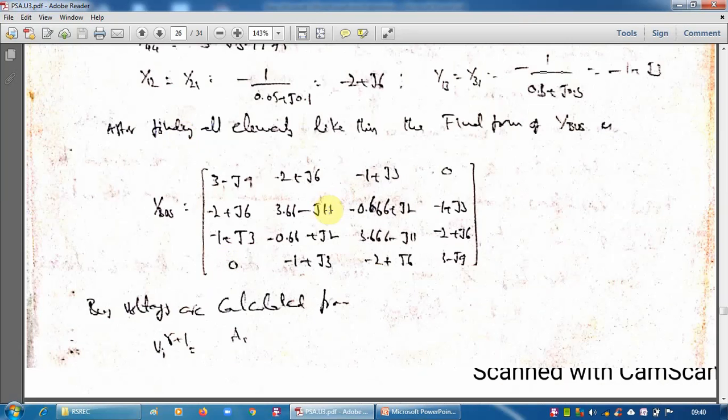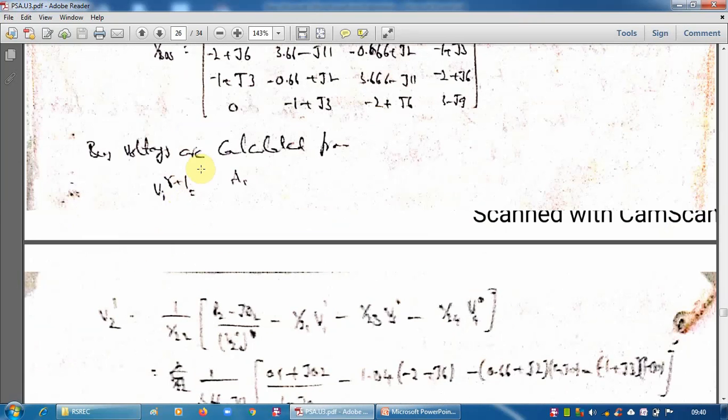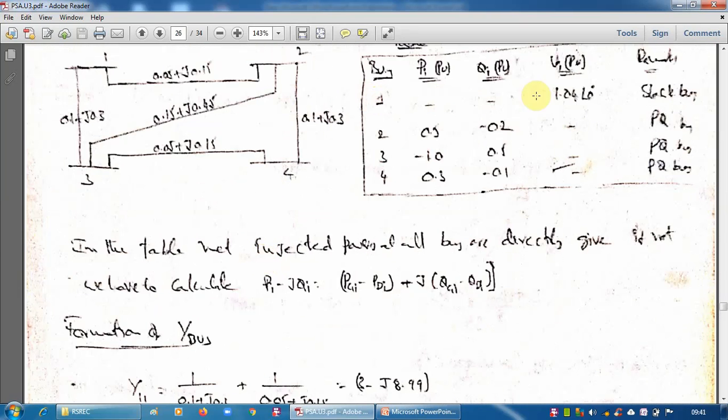This is the Y bus we constructed. First, to start the process, except for slack bus, this is slack bus, from the given data we can notice, except for this slack bus, for remaining buses we have to assume starting voltages. These voltages are to be assumed by us.